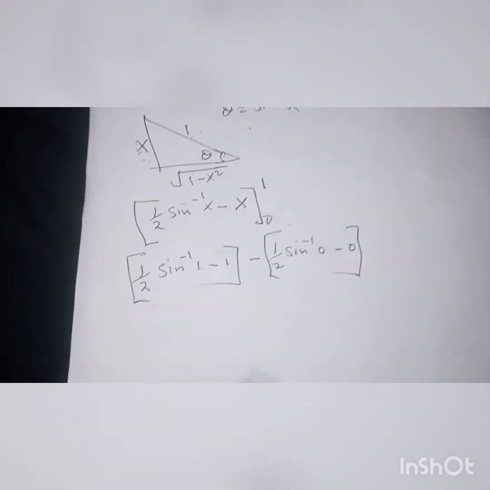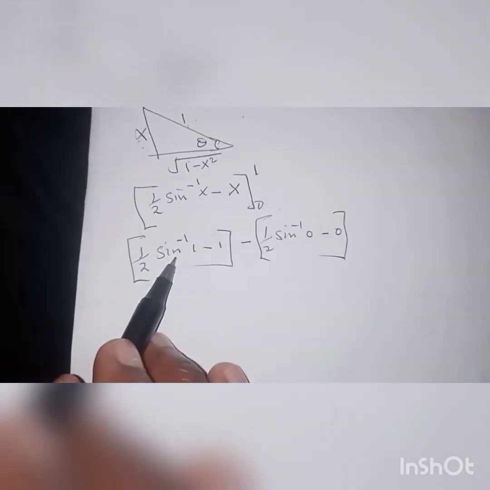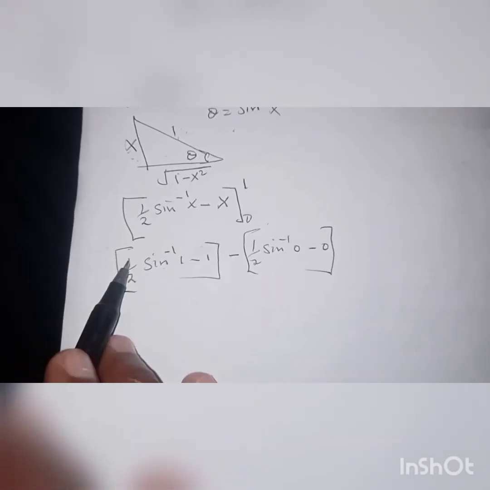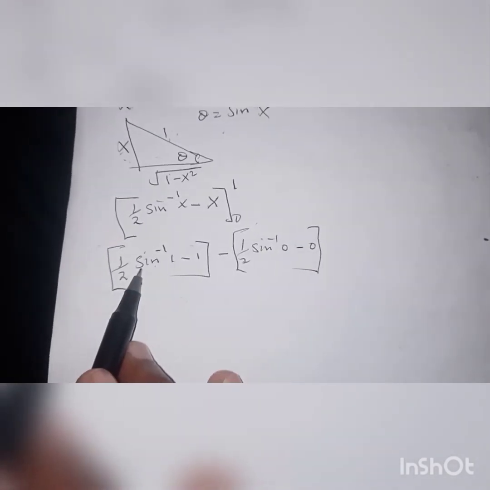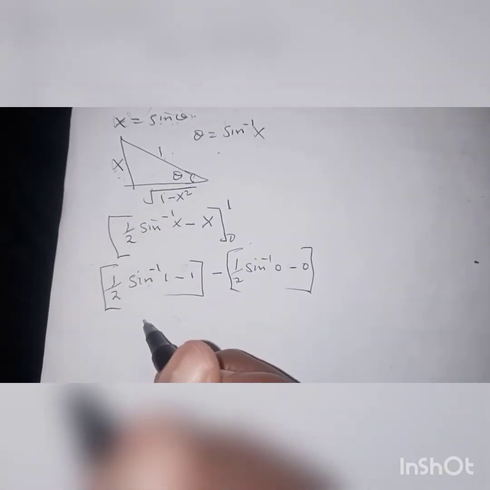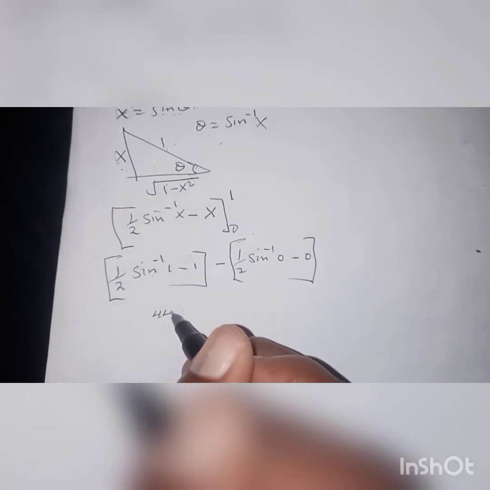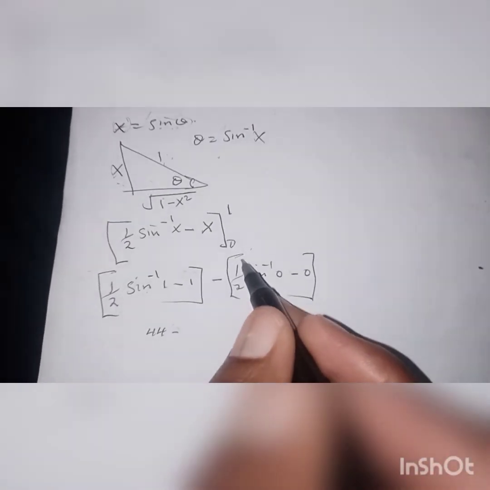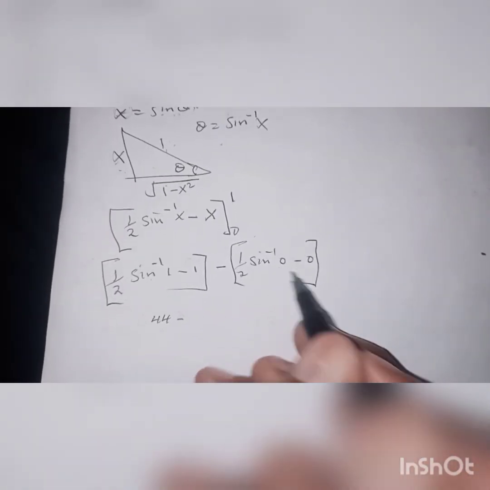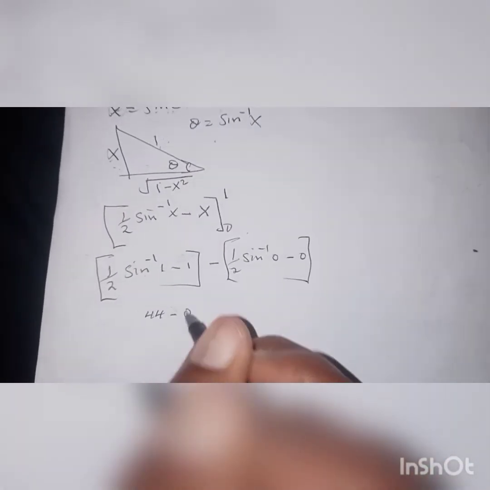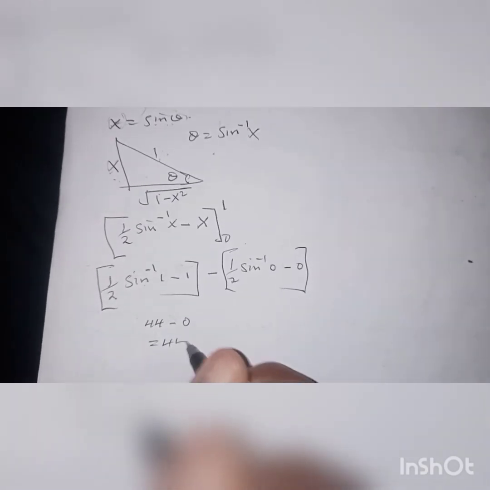When you shift sine 1, it automatically gives you 90. Then a half of 90 is 45. So 45 minus 1 is 44. Then minus a half sine inverse of 0, which is 0, minus 0, it will just be 0. So 44 minus 0 is 44.